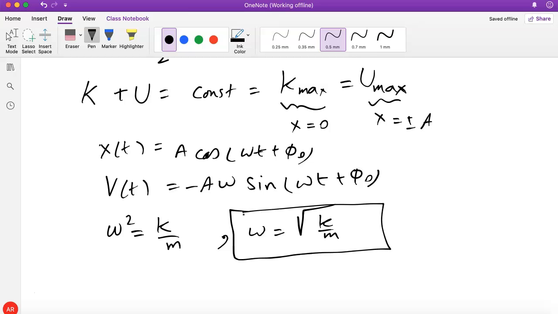So the spring constant and the mass, the physical characteristics of the system, uniquely determine the frequency at which it will oscillate.